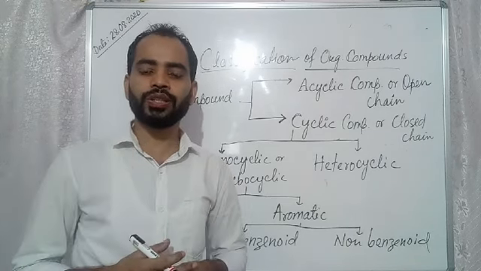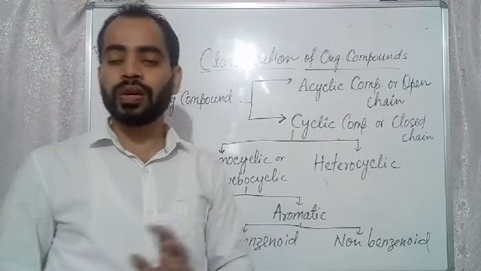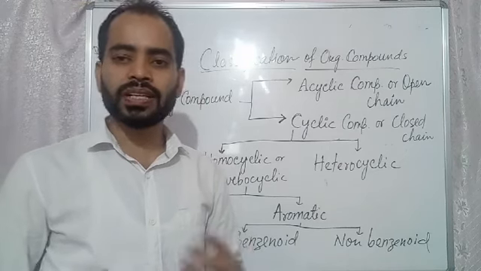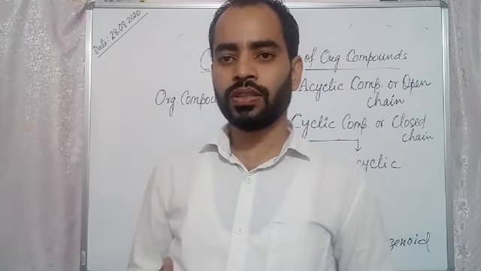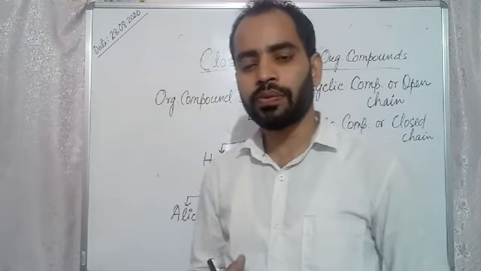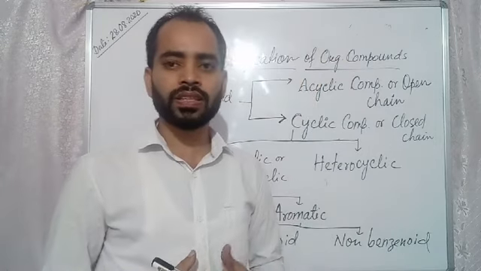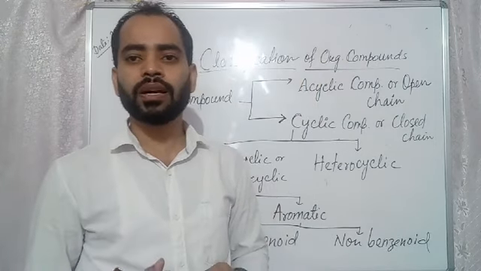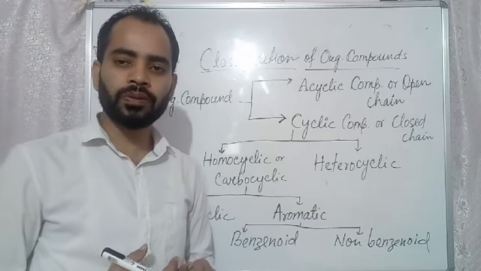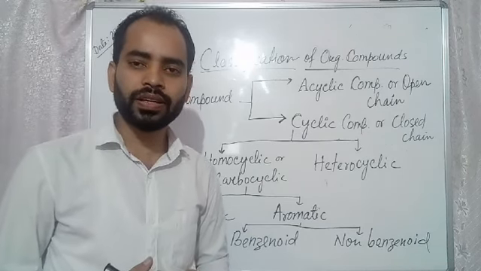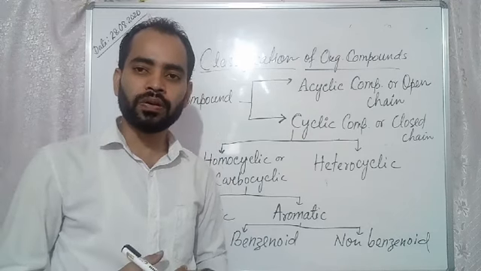So what we have learned today, we have learned what chemistry is, what are the different branches of chemistry, what is organic chemistry, what is the valency of carbon, what is the tetravalency, how can we find the number of sigma bonds and pi bonds. Then we have learned how to represent an organic compound.